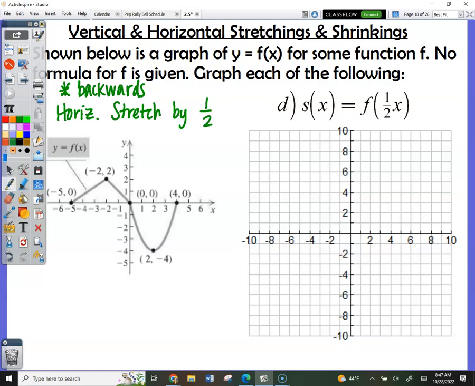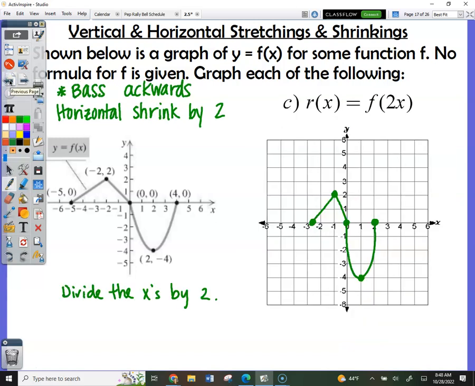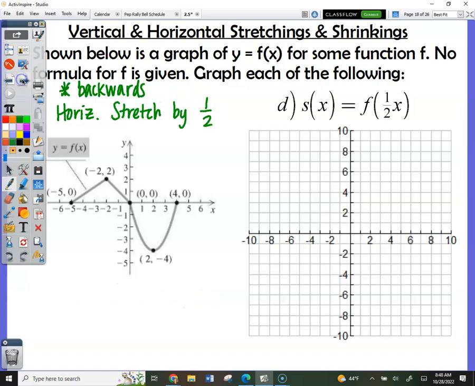Now, you might be wondering, how in the world is that going to stretch out if I have a half? Okay, well, go back to this one. When we had a horizontal shrink by 2, we did what with the x's? We divided the x's by 2. If I'm going to divide the x's by 1/2, then what am I actually doing? I'm actually multiplying by 2 because of that keep, change, flip.